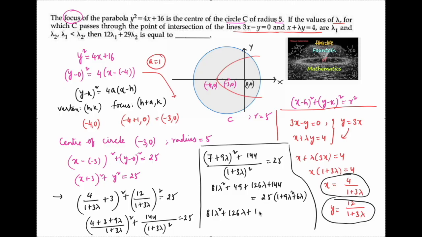We can write 193, which is equal to 25 plus 25 nines are 225 and 25 sixes are 150 times lambda.